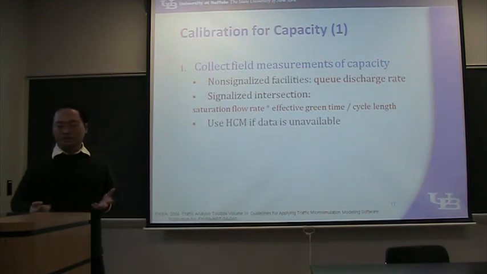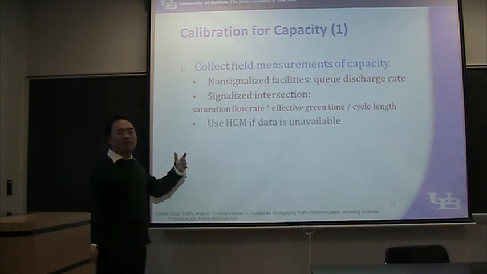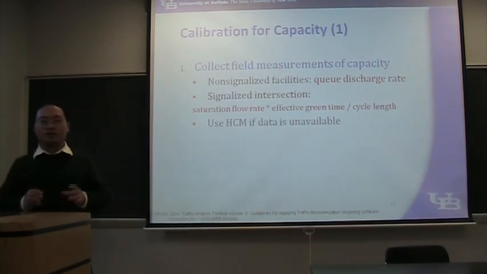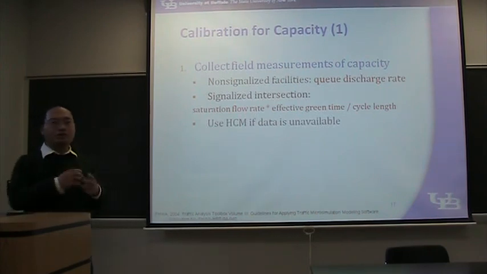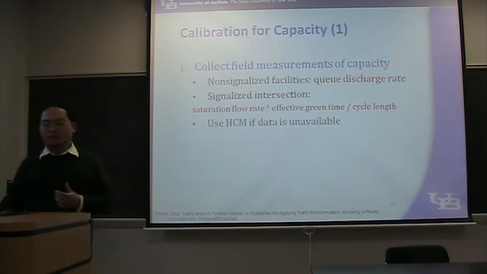So what can you do? There's an alternative, which is to use the Highway Capacity Manual if your data is unavailable. So you can use the formulas to calculate those capacities when you cannot collect them in the field.